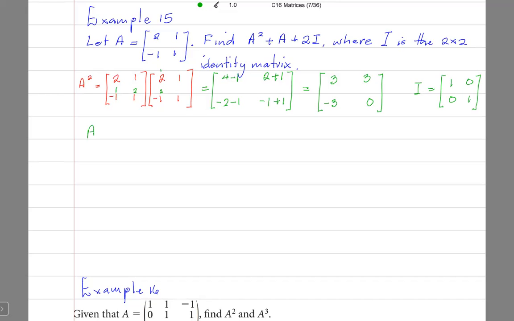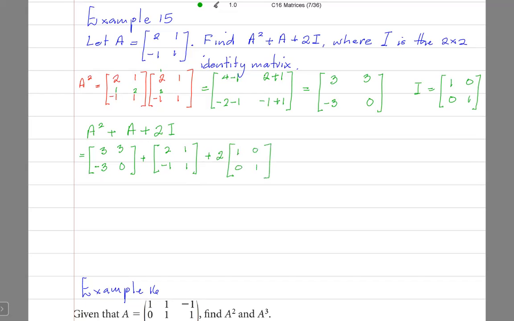It would be, first of all, A squared, which is 3, 3, minus 3, 0, plus A, which is 2, 1, minus 1, 1, plus 2 times I, 1, 0, 0, 1.